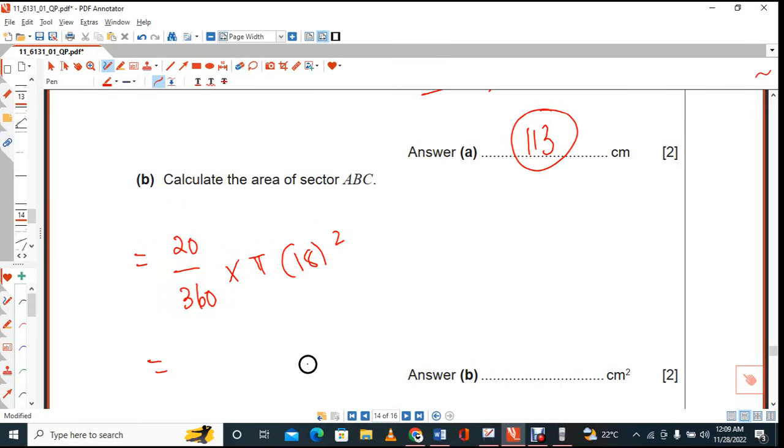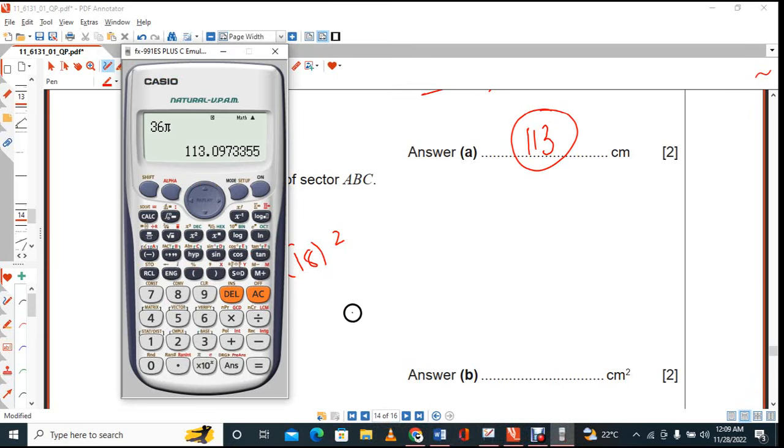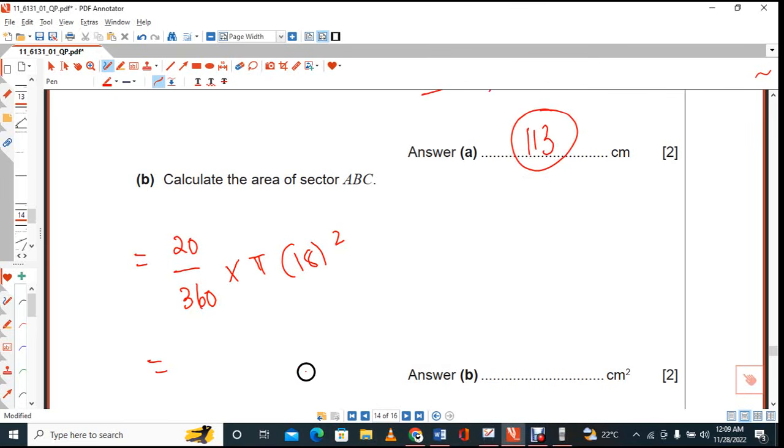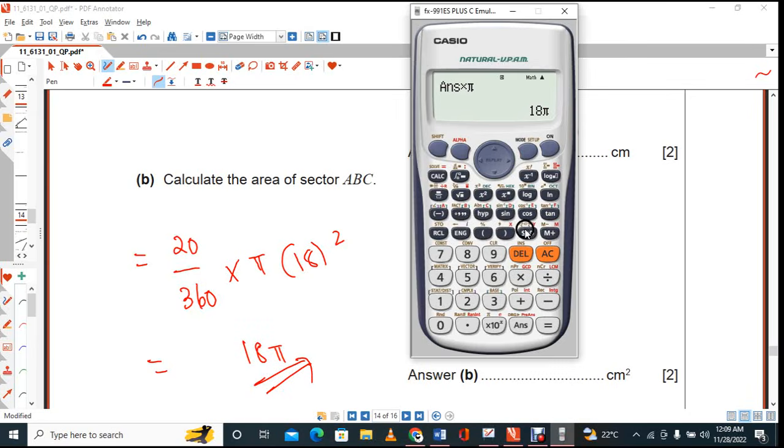You can clean this up and leave your answer in terms of pi. So that's 20 upon 360 multiplied by 18 squared. That gives me 18 times pi. So the answer will be 18 pi. Please use the correct method here, otherwise you'll be penalized.